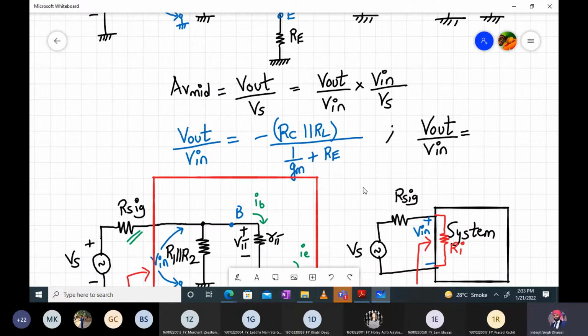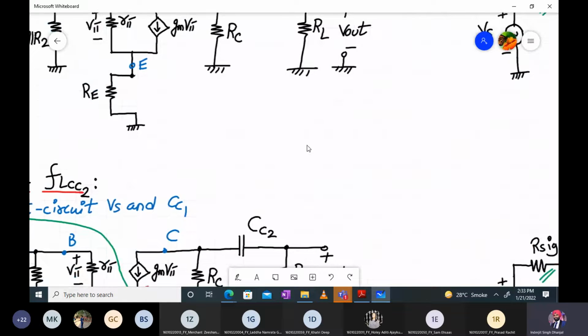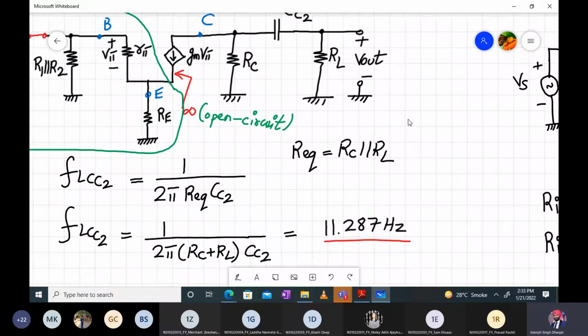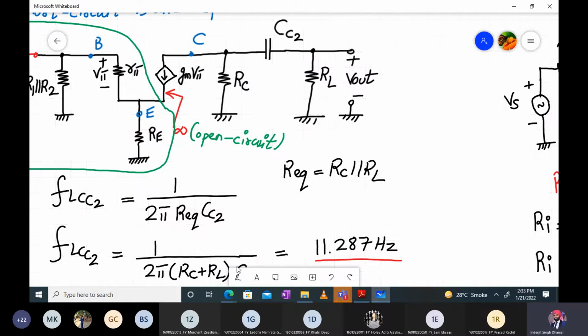Let me confirm. Actually here is some mistake. It should be plus. We have not calculated RC parallel to RL. So let's calculate that.